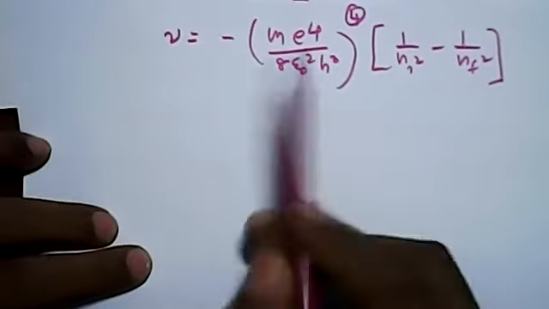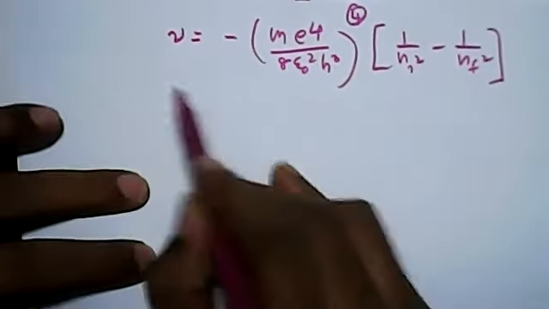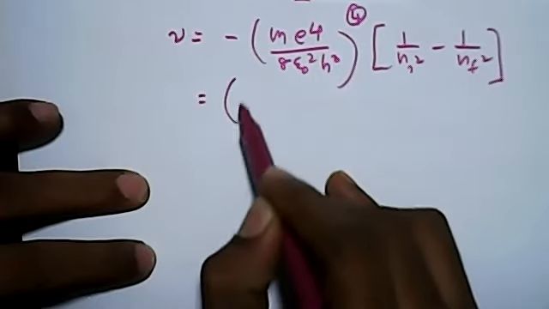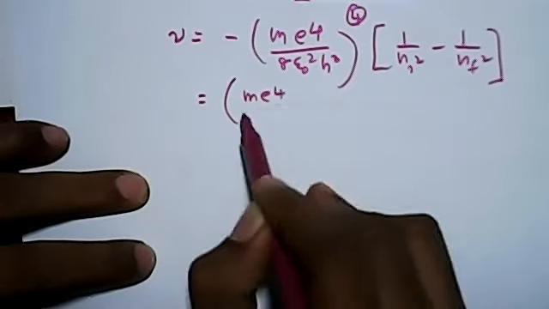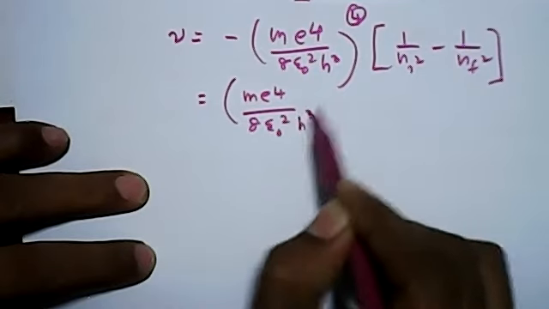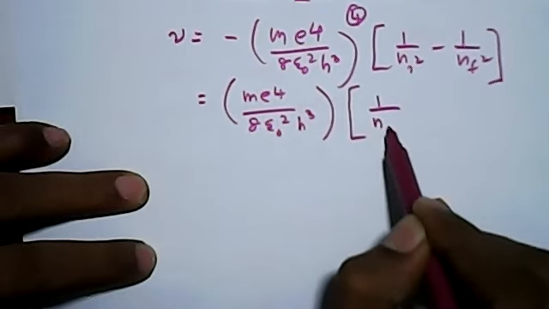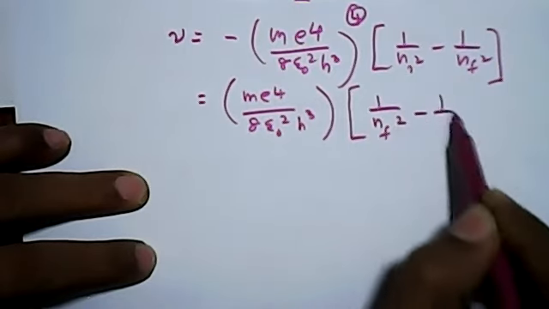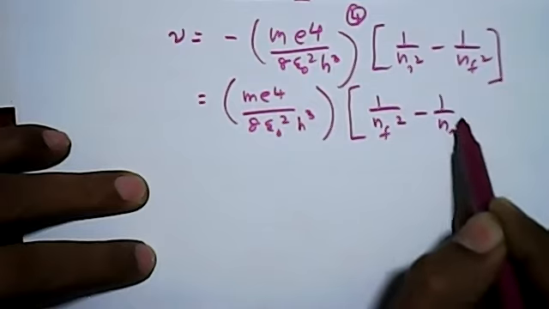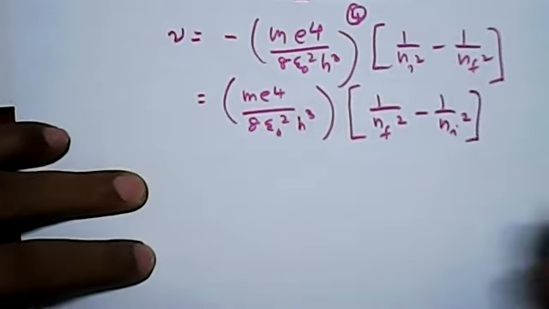For simplicity, this minus sign you can absorb here, and you can write nu equal to m e to the power of 4 by 8 epsilon 0 square h cube into 1 by nf square minus 1 by ni square. Just reverse these two terms, so the minus sign can be absorbed.